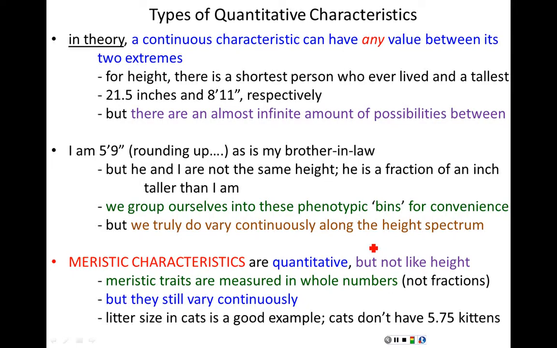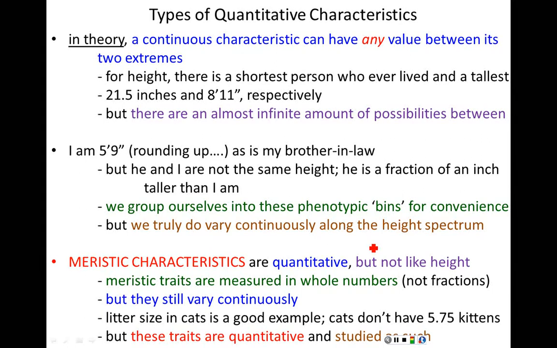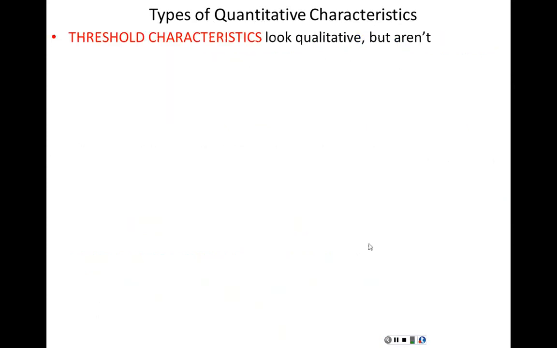Cats have 12 kittens, 7 kittens, 8 kittens. So it's measured in whole numbers, yet still a varying continuous trait. Meristic characteristics are quantitative, they're studied as such, but they can't be measured in fractions because they don't occur in fractions. Another example is seed number. Plants vary in the number of seeds that they make, but you can count the seeds in whole numbers. Seeds are not born in fractions.